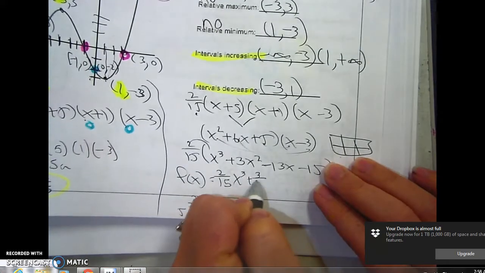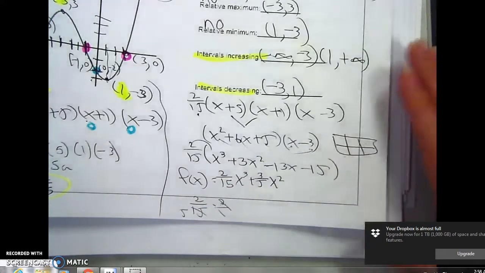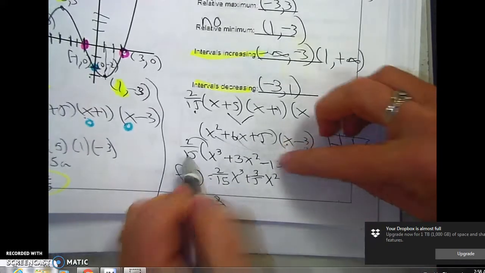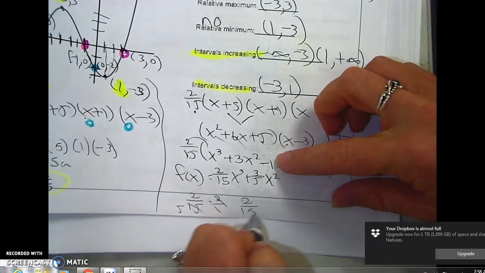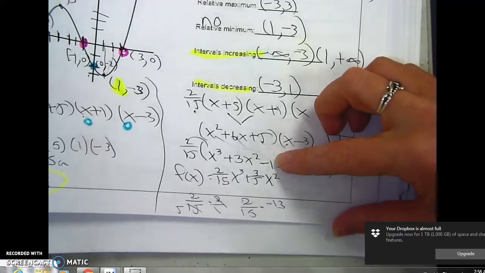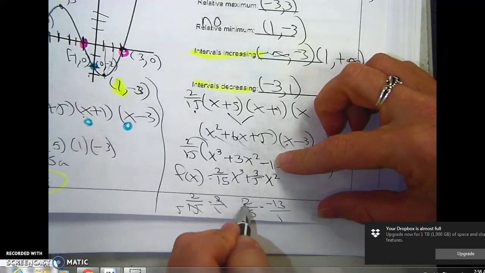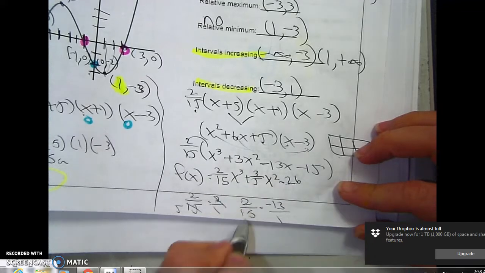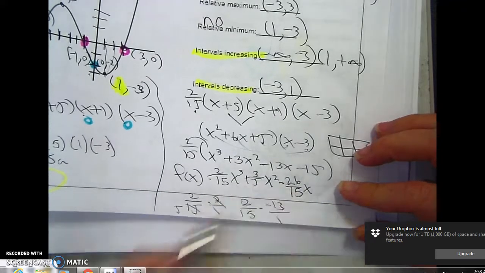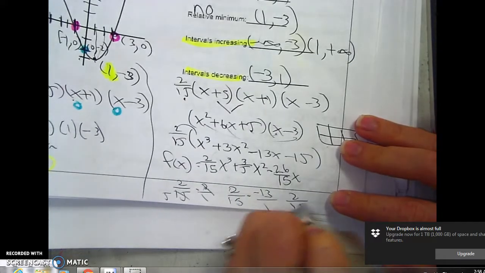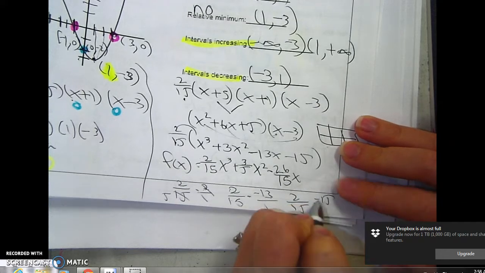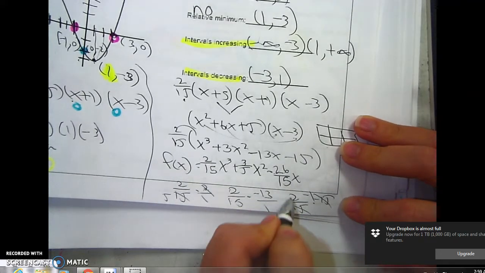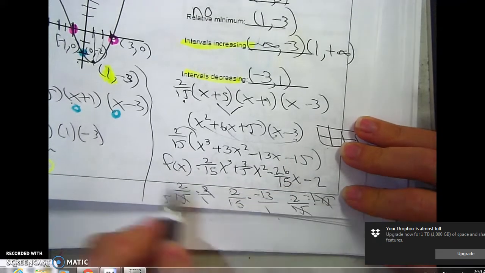So it's plus 3/5 x squared. 2/15 times -13. I can't cross cancel, so 2 times 13 is -26 over 15x. And then I'm going to go 2/15 times -15. 15 over 15 is -1. 2 times -1 is -2.